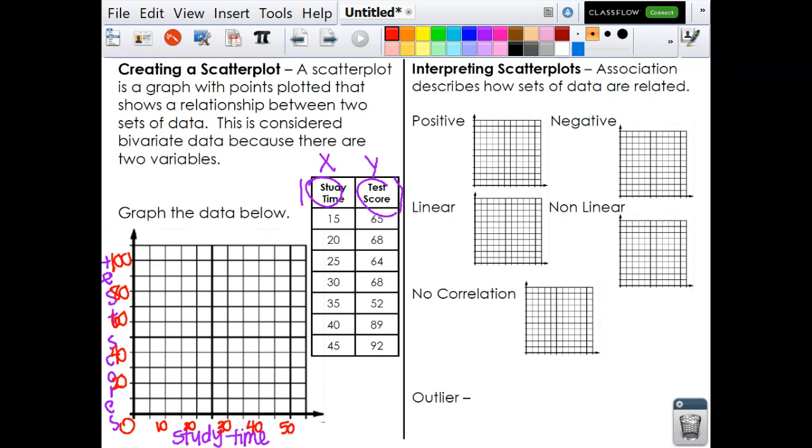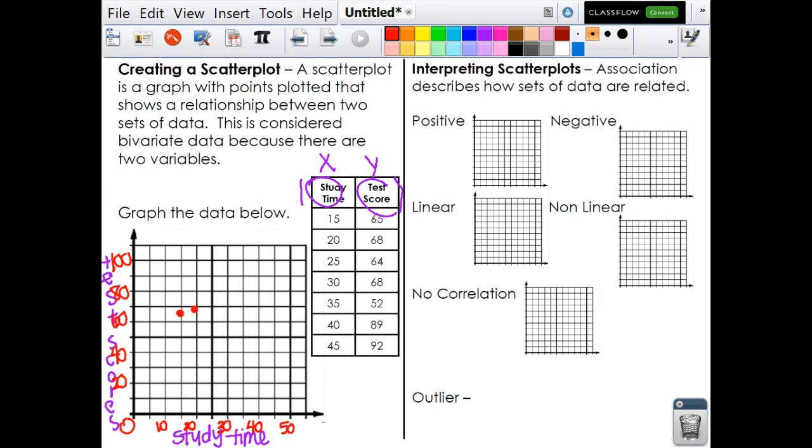Okay, so now we're going to plot our points. Our first point is 15 and 65. So we're going to find 15 and then go up to 65 and put a dot there. Then we have 20, 68.